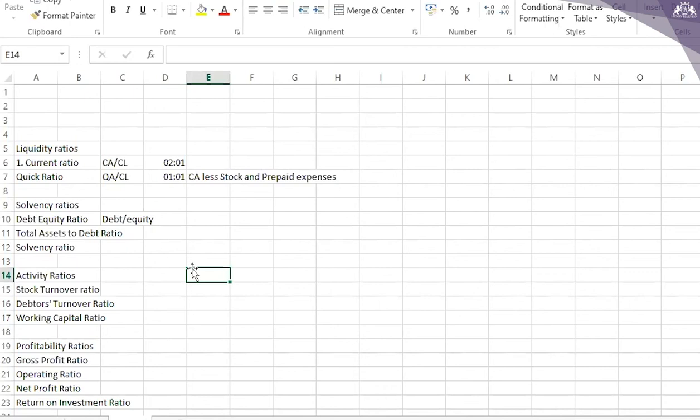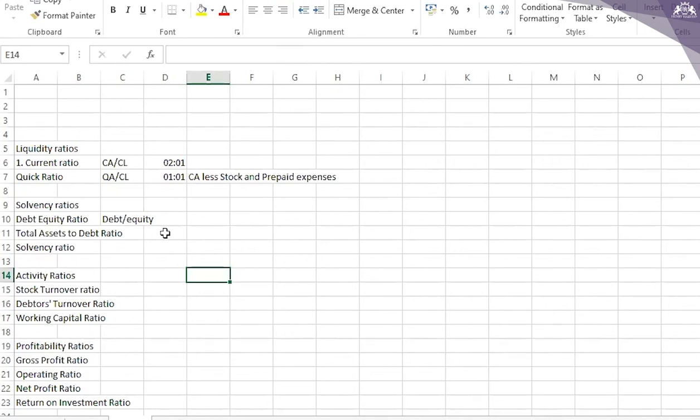Total assets to debt. This ratio measures the safety margin available to the debtors. How much debt is covered not only by equity, but by assets also.